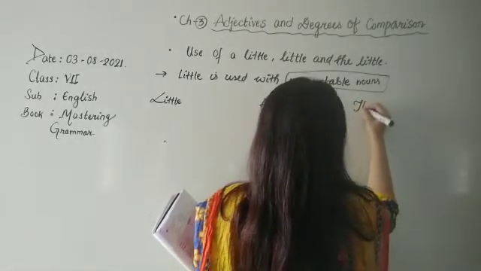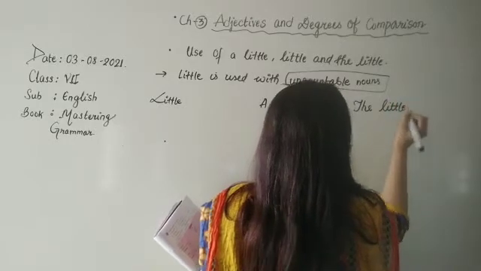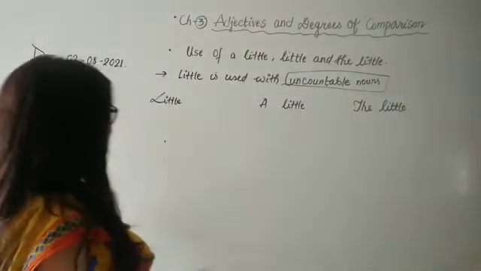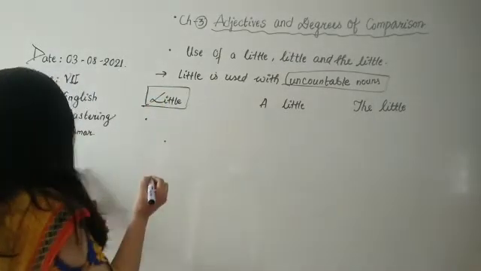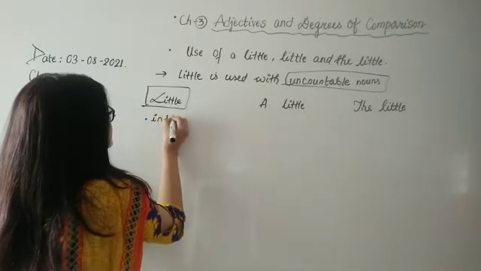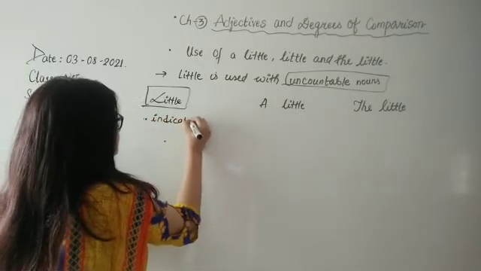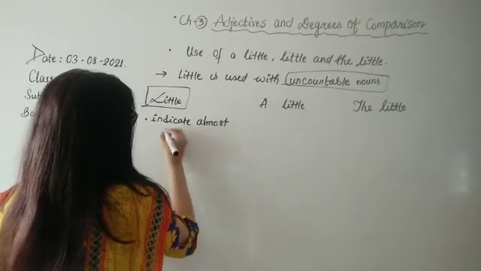So we can actually distinguish between the three of them. That's why I am just making a column to help you understand better. So this one, children, this word little is used in what? It indicates what? Almost none.